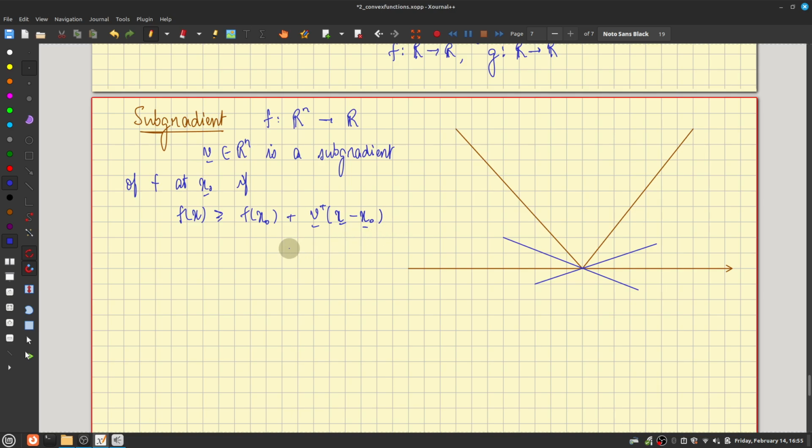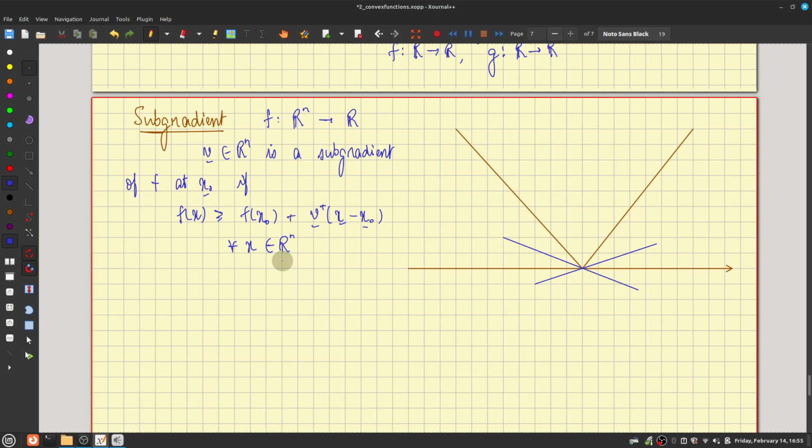This is nothing but the straight line that passes through x0 and has slope v, or basically has normal vector v. And this happens for all x belonging to Rn. So a vector is a subgradient if it defines a tangent that is a lower bound for the entire function.